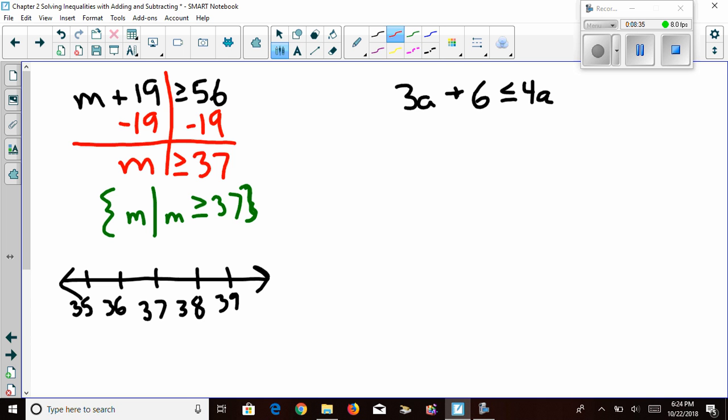Now, I'm going to go ahead and put a circle at 37. Since we have greater than or equal to, I'm going to go ahead and shade it in, because that means 37 is one of my possible answers. And now for greater than, that means I need numbers like 38, 39, and so forth. So I'm going to go ahead and color in the right side of my number line.